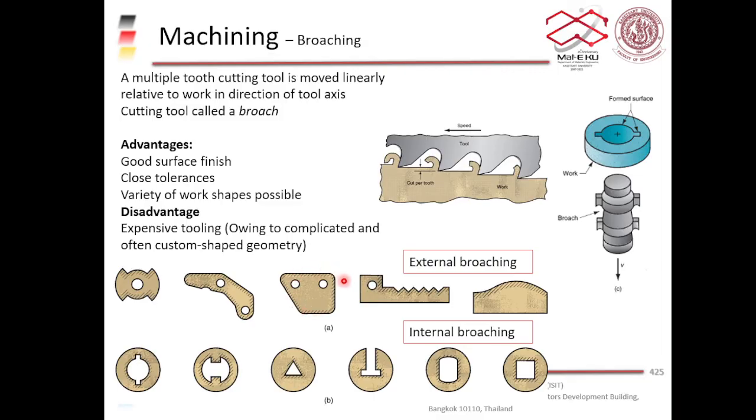So you have external broaching and also internal broaching, right? All these holes are broached, right? You have different shapes, different shape broaching tools. You can have different shapes of the broaching, right? So the disadvantage is expensive tooling.